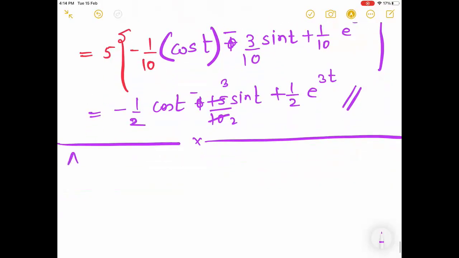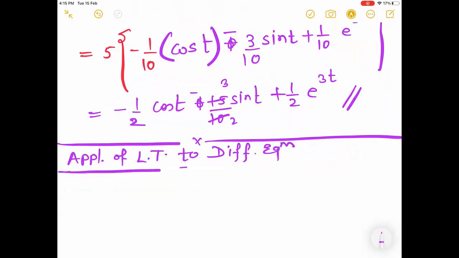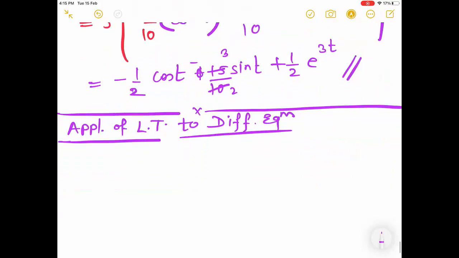So applications of Laplace transform to the differential equations. Now, whenever the differential equation is given, both sides transform you have to take, and then further you can take the inverse transform. So I'll just give you the procedure in wordings.